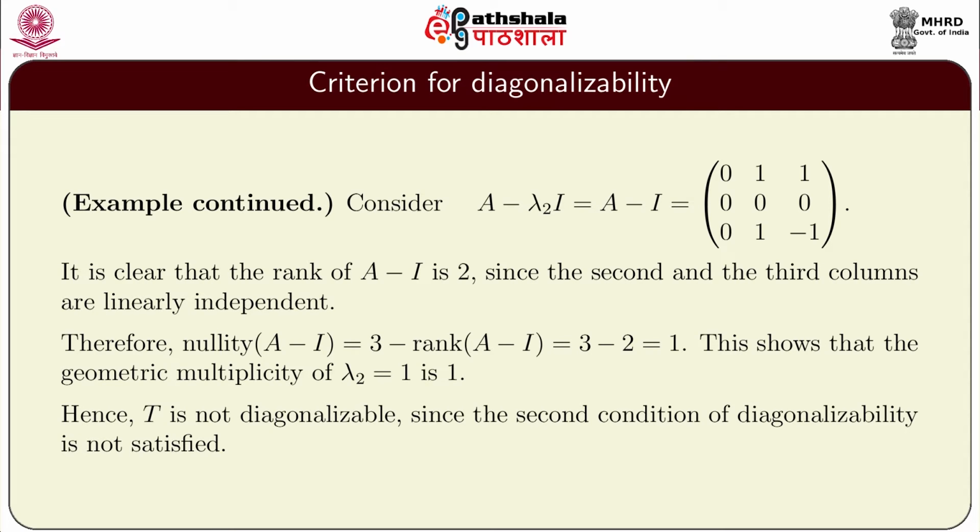Therefore, the geometric multiplicity of the eigenvalue lambda 2 equal to 1 is 1. So, in this case, the geometric multiplicity is not the same as the algebraic multiplicity for this eigenvalue, and therefore T is not diagonalizable, since the second condition of diagonalizability is not satisfied.